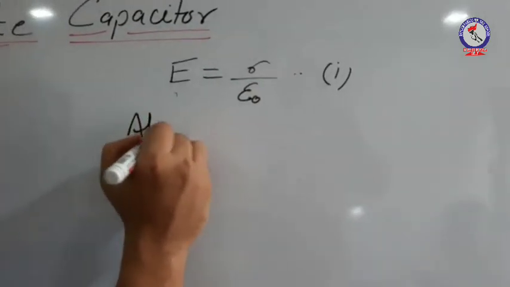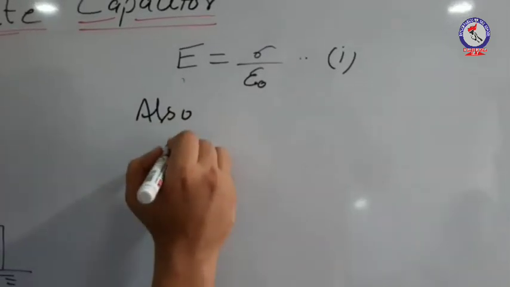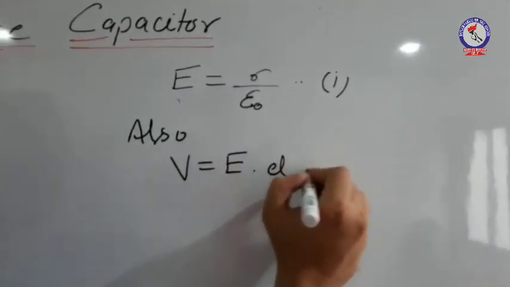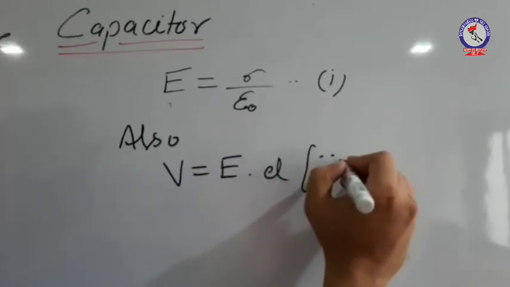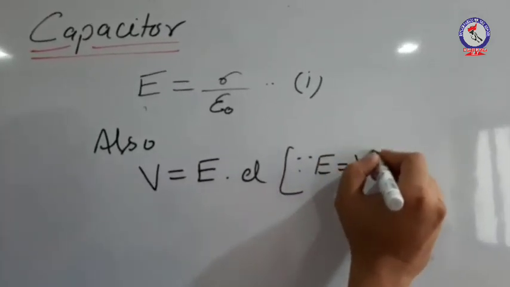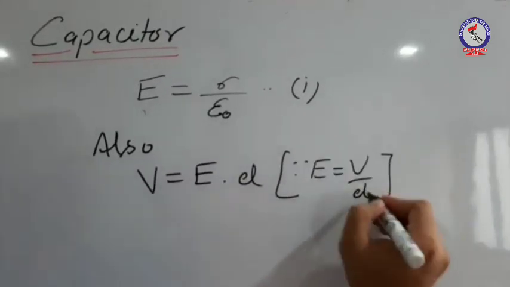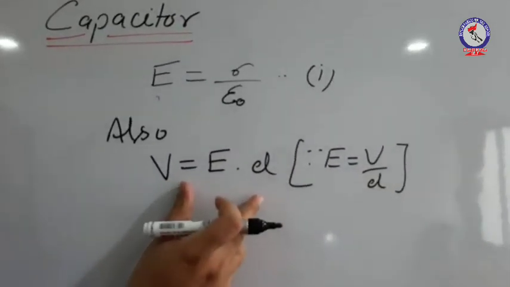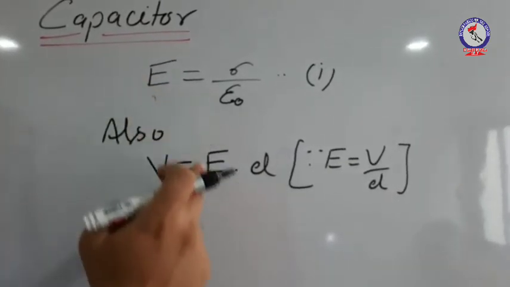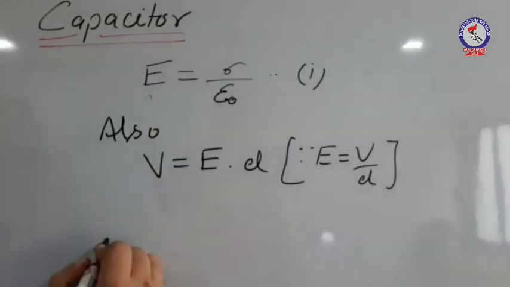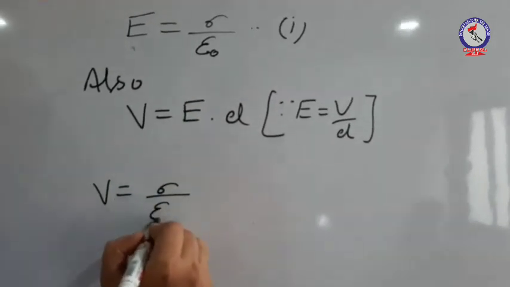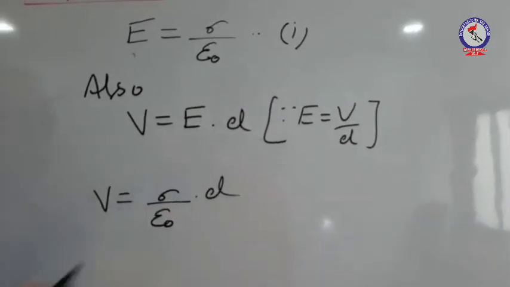Also, we know that V is equal to E into d. We have derived this expression as E equals V by d. We had already studied this expression. Therefore, V equals Ed. Substituting the value of field in this equation, you have V equals sigma upon epsilon 0 into d.